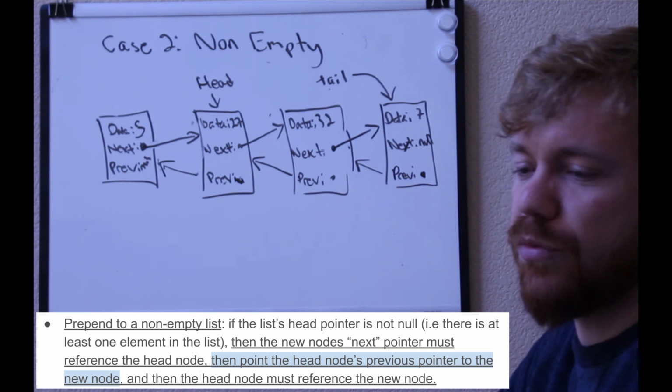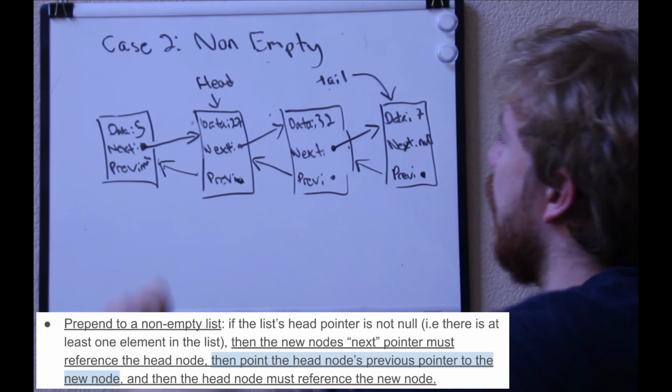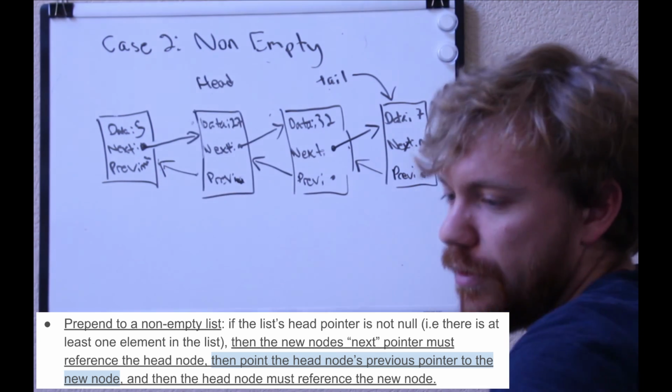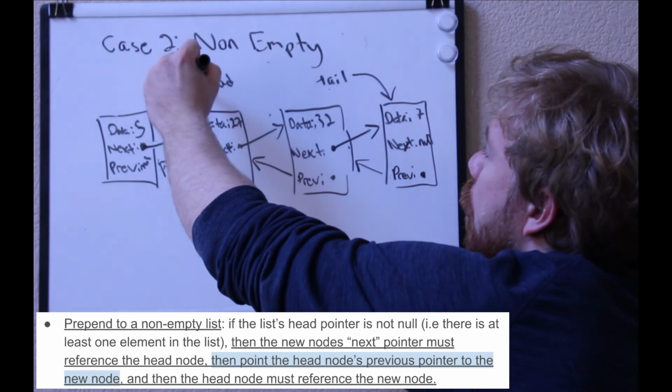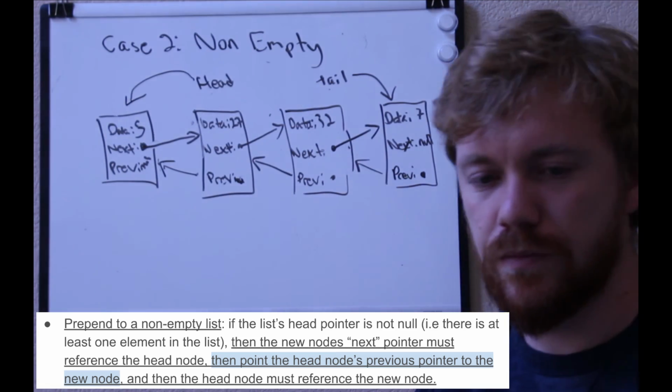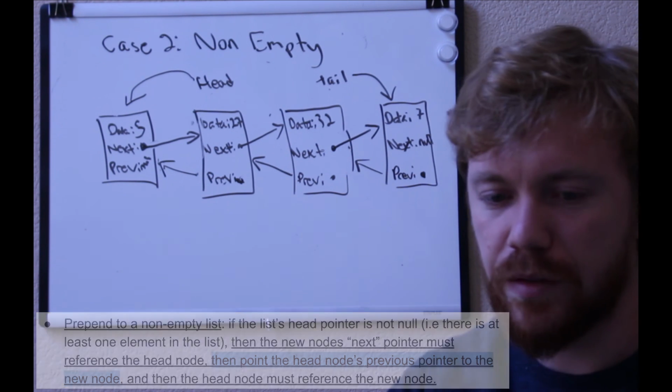And then the head node must reference the new node because now the requirement for the linked list has been broken. The head must point to the very first node in the linked list. And that is prepend.